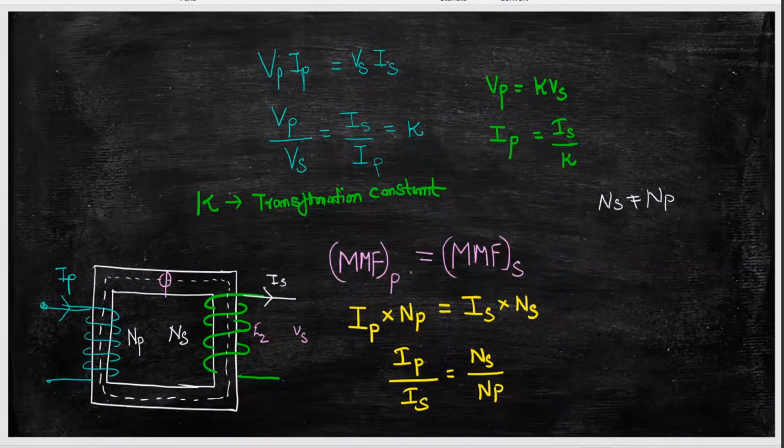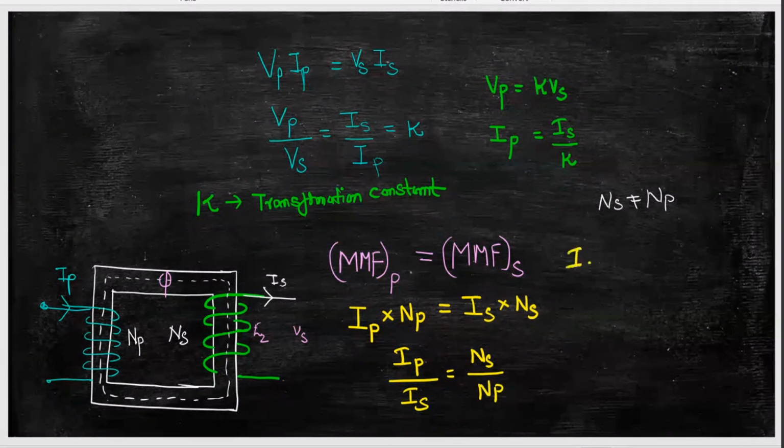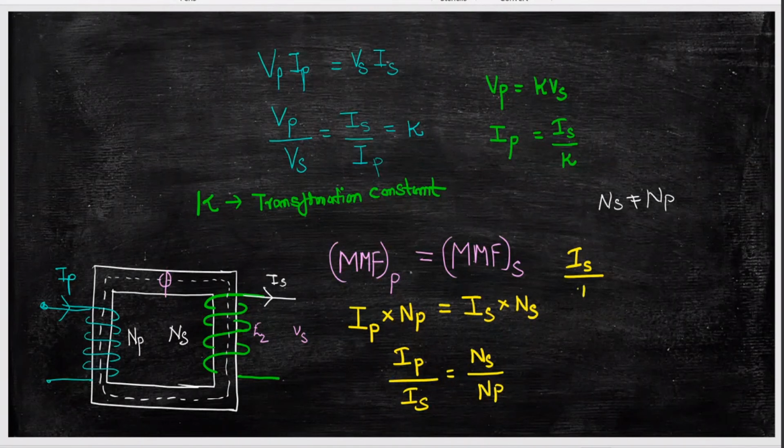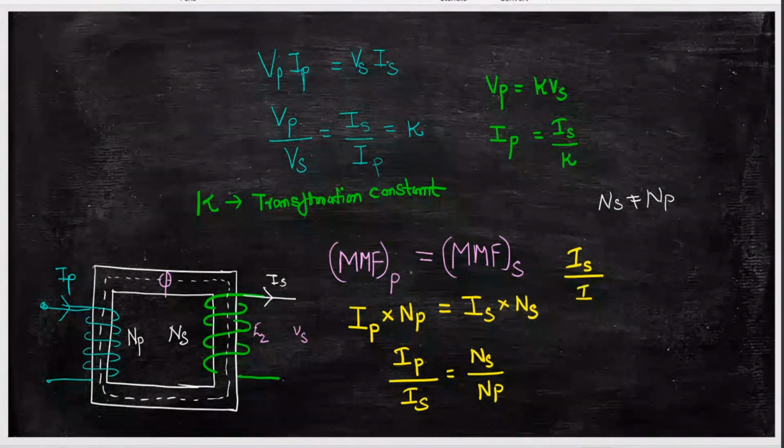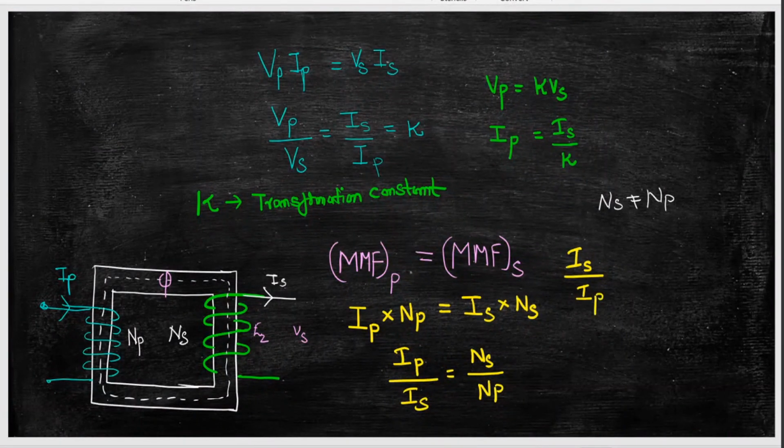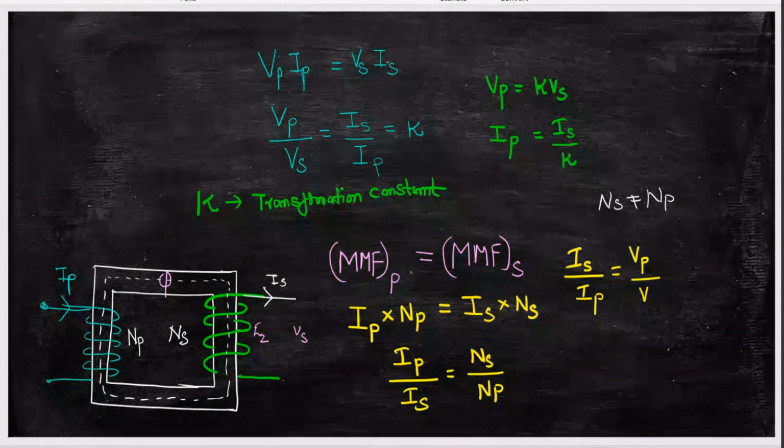So we know that IP by IS is equal to VS by VP, or IS by IP is equal to, from this equation, VP by VS. So what is IS by IP?